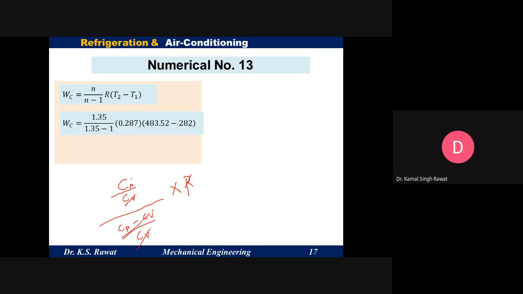So we get only Cp dT. So if the mass flow rate is given, we can write for the isentropic process m Cp dT.